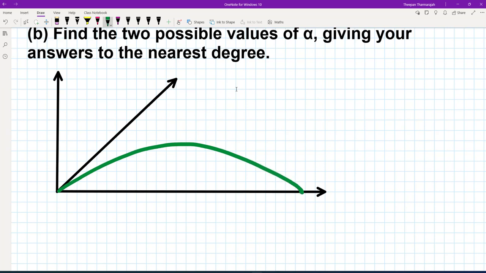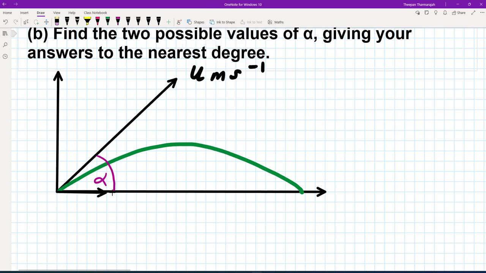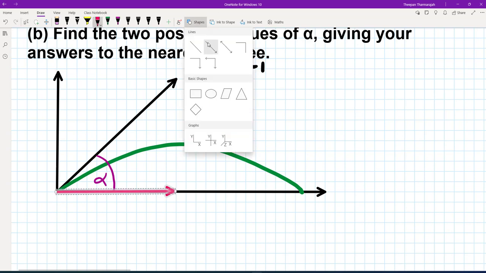Now we've got our projectile motion, we can say that the angle involved here is alpha. Now we also need to put in the speed, which is u, meters per second. Now we're going to draw in our vectors for the horizontal and vertical components of the velocity.